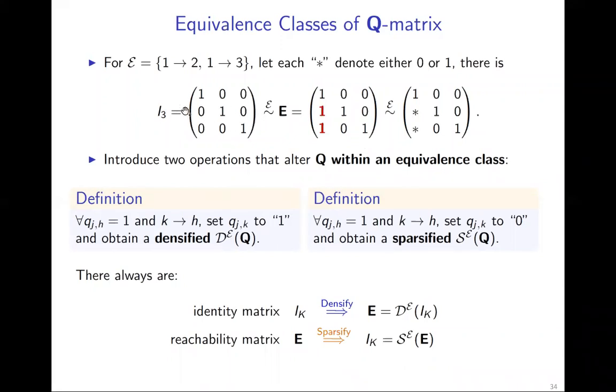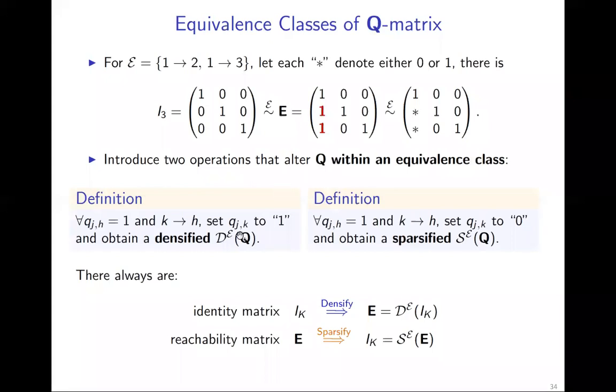The second row vector can represent an item, a question that only measures the second skill. But because the second skill requires the first skill as prerequisite, therefore, this type of question in the test actually is equivalent to a question that measures both skills, 1 and 2. Therefore, we have this epsilon equivalence relation.